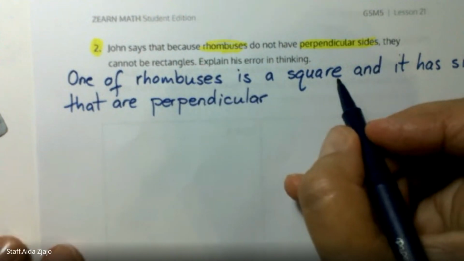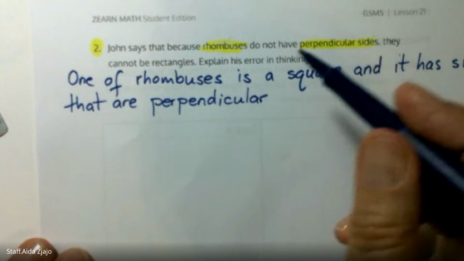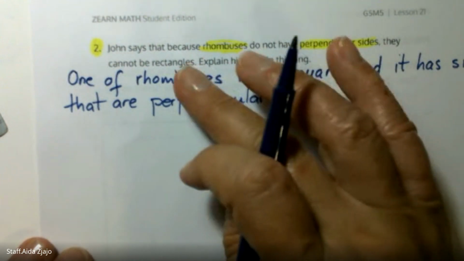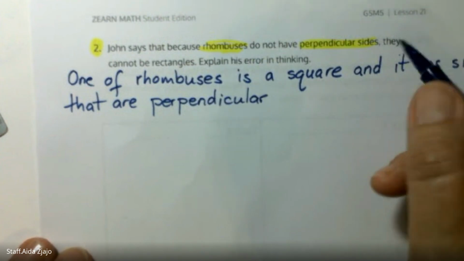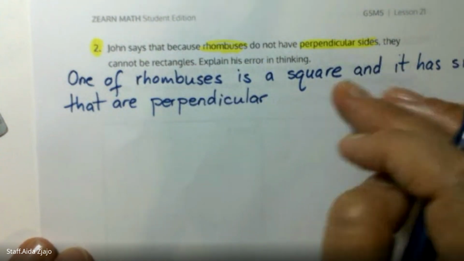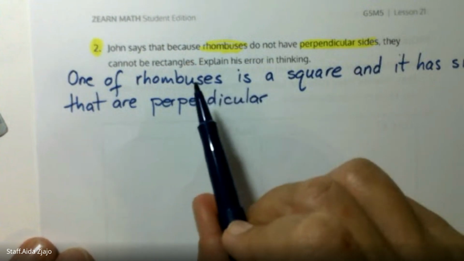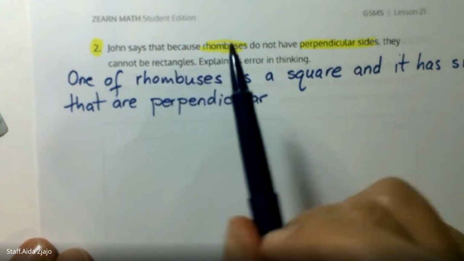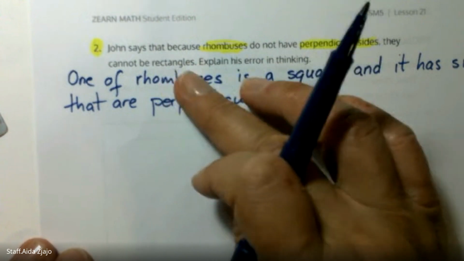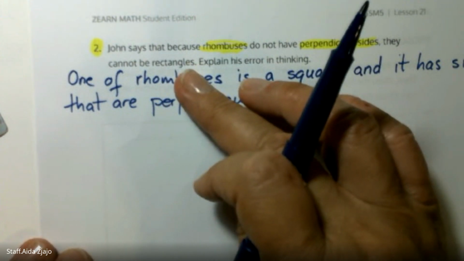So John's statement is wrong. That means that a rhombus can be a rectangle as well, nickname.